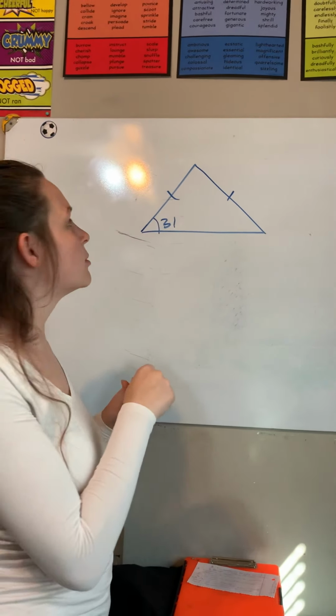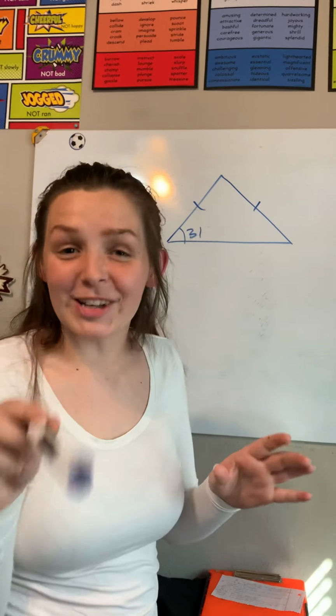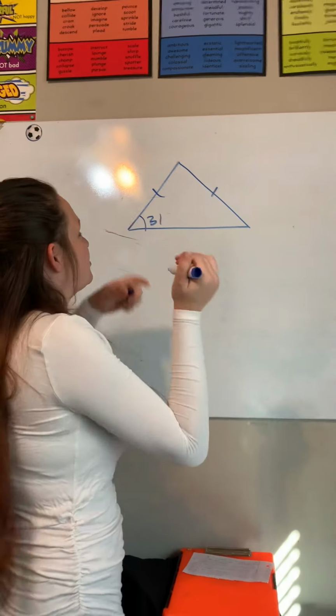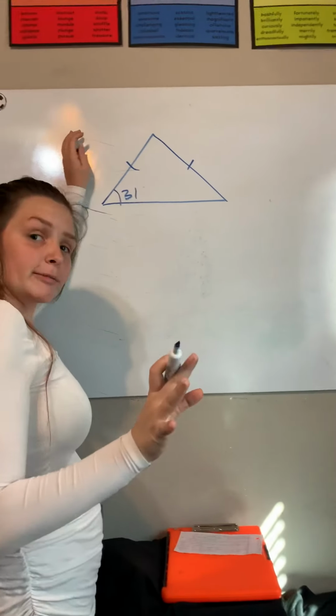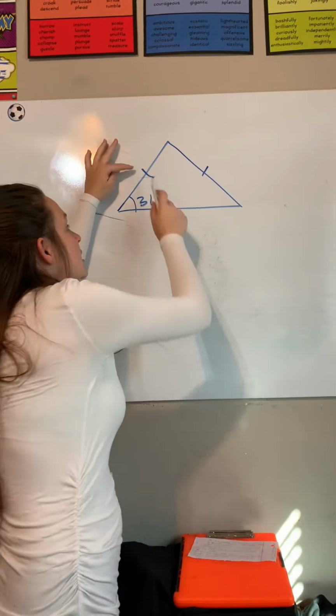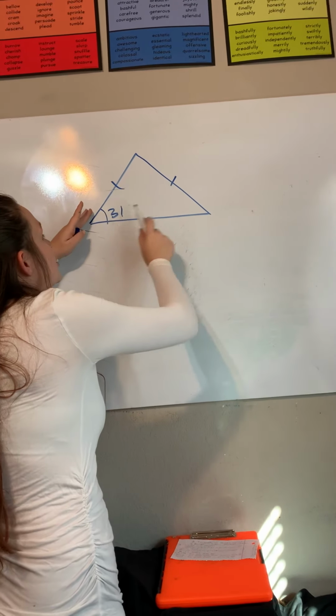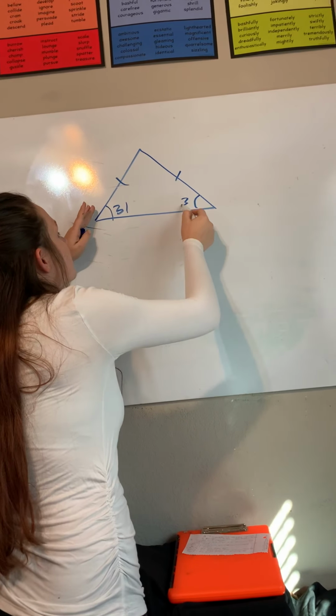Or maybe, well, actually no, sorry. It's an isosceles triangle. I meant to say it's an acute triangle. But anyways, a little trick with isosceles triangles is that since these two sides are the same, these two angles are the same.